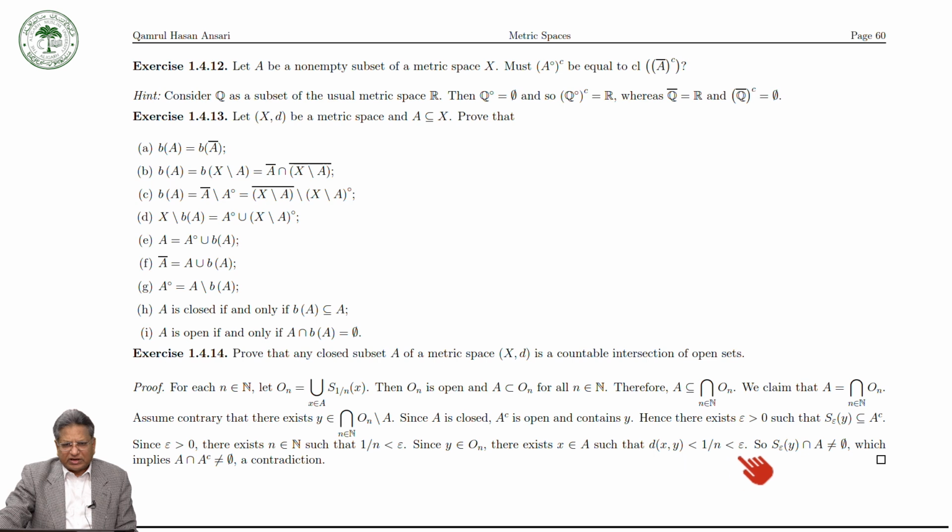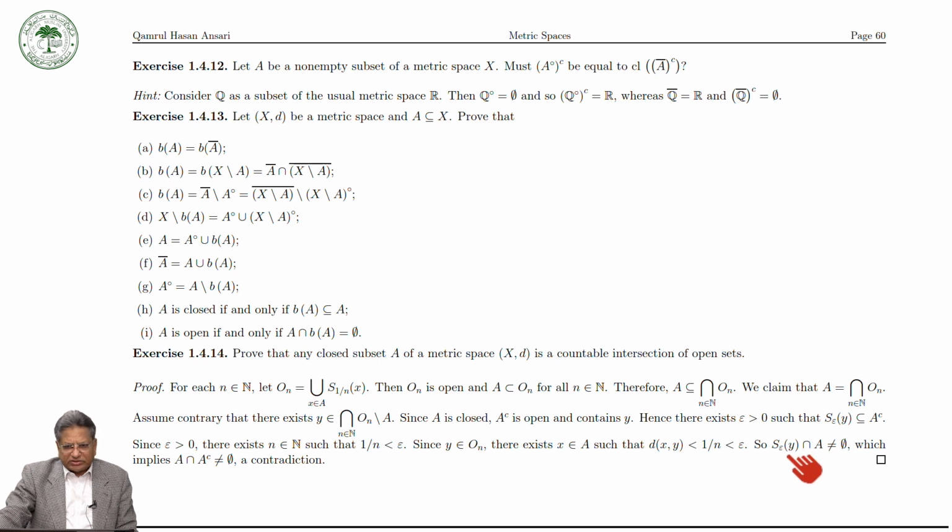So the ball with center at y and radius epsilon intersected with A is non-empty. It means that y is a limit point of A.